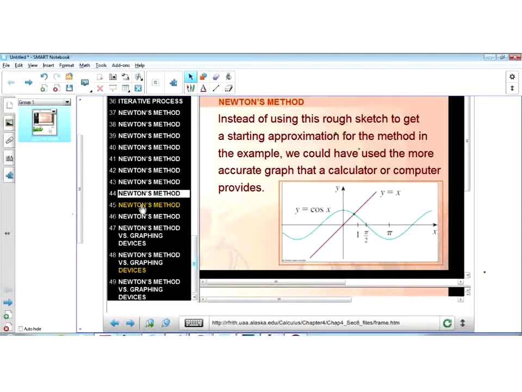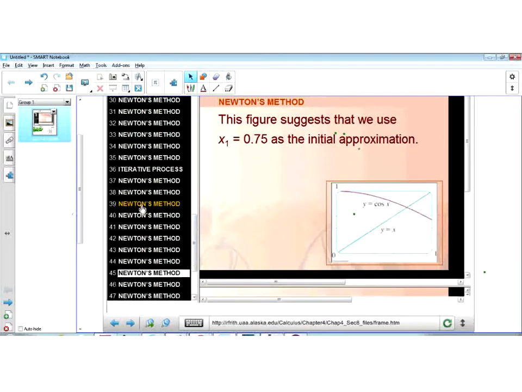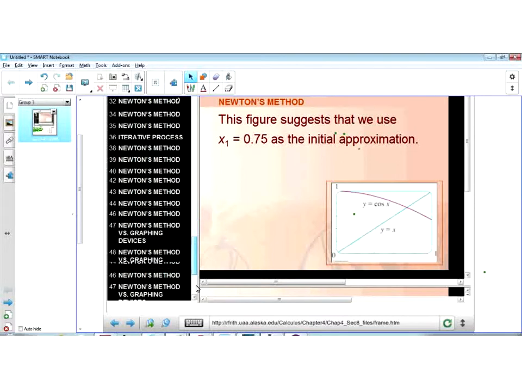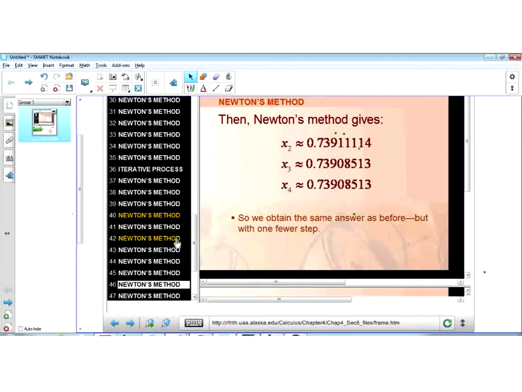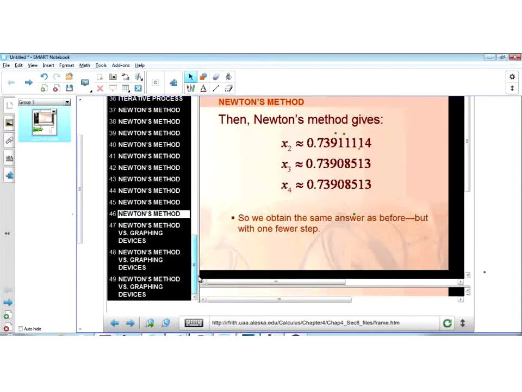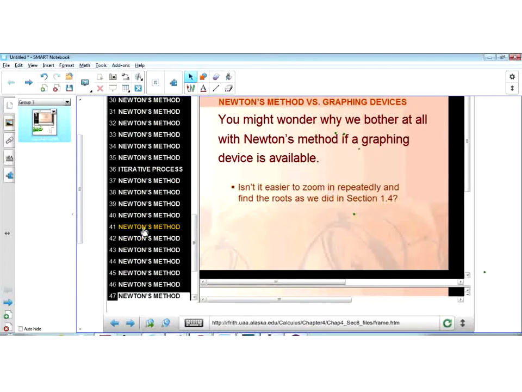Okay, so yeah, you can use graphing techniques. We could have also started at 0.75. Depending on how high resolution your graphing tool is, you can use fewer iterations.